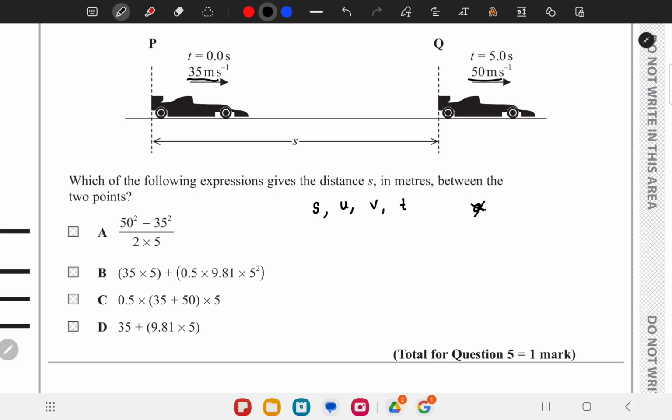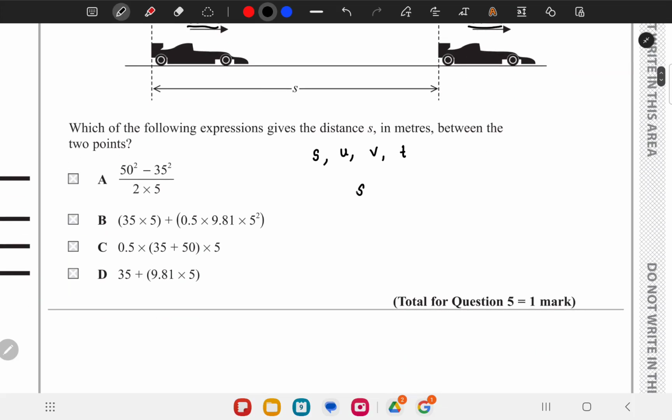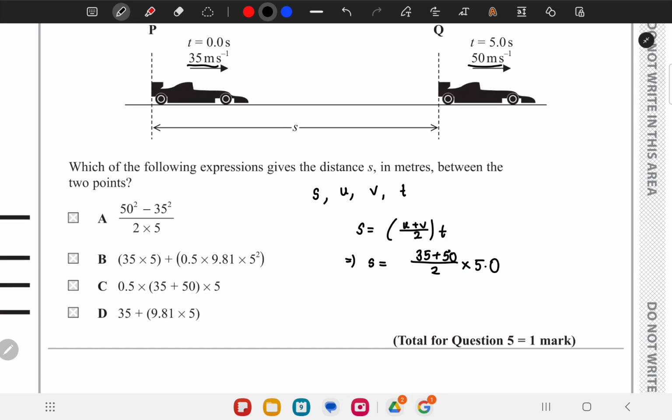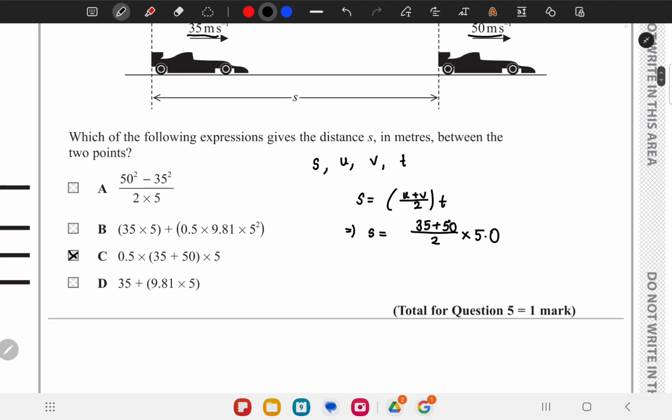We do not know a, so we'll use the formula without a. So this would be (u plus v) divided by 2, times t. Here, s will be equal to (35 plus 50) divided by 2, times 5.0. So C will be the answer.